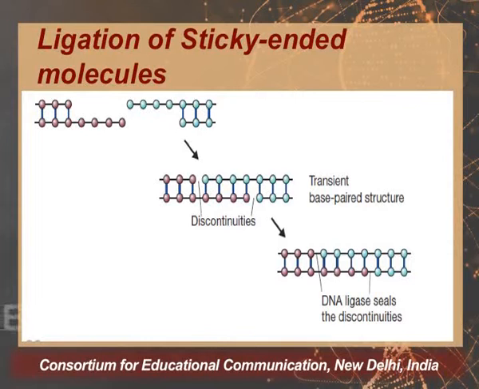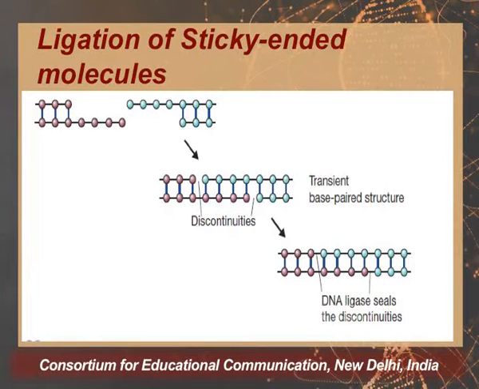sticky end molecules together. Now ligation of sticky ended molecules is a very efficient process, because the complementary nature of the overhangs brings them into proximity and keeps them there for a longer time, so that the ligase can work very efficiently and make the phosphodiester bond to join these two molecules together.